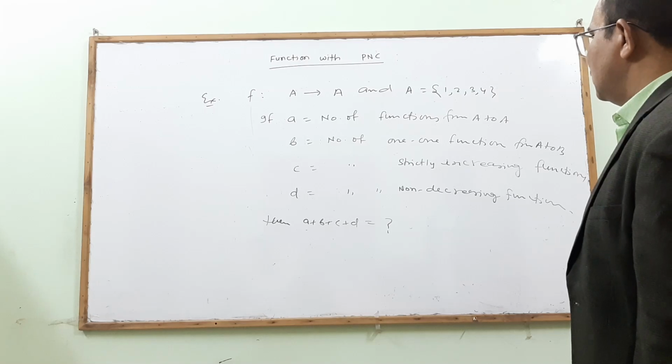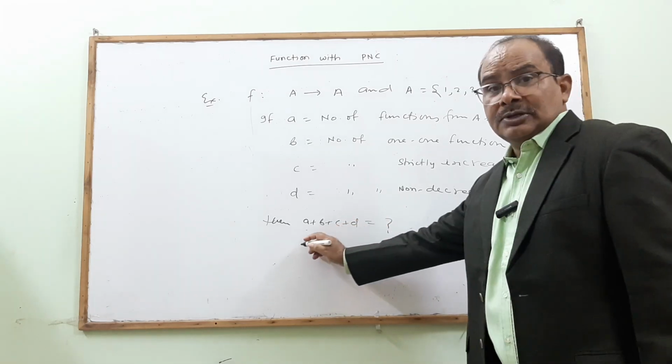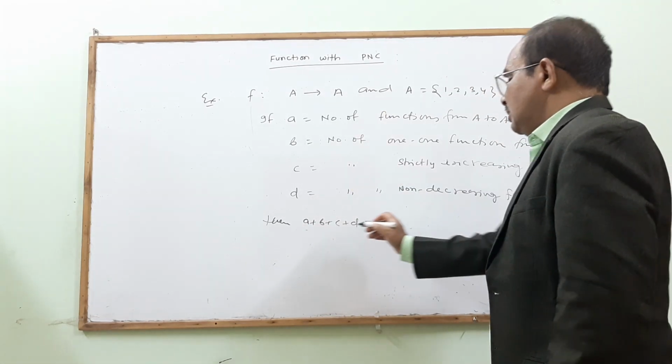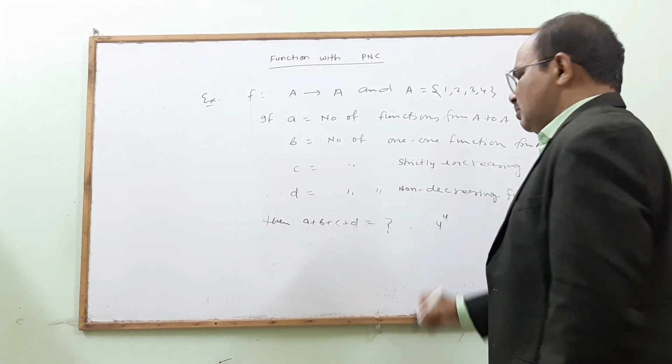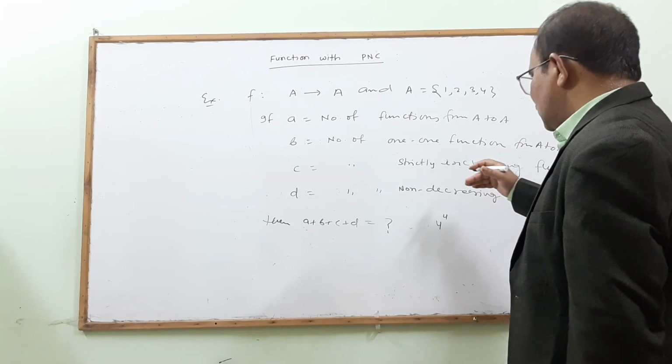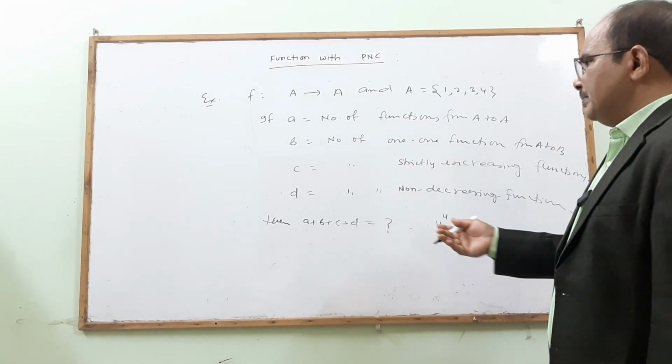So just recall, A is 4 to the power 4. The number of functions is n to the power m.